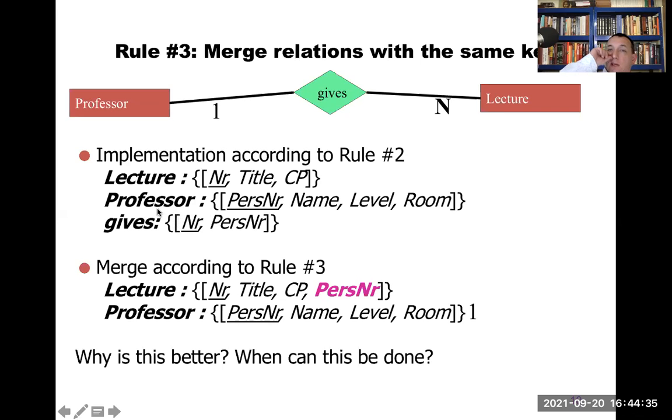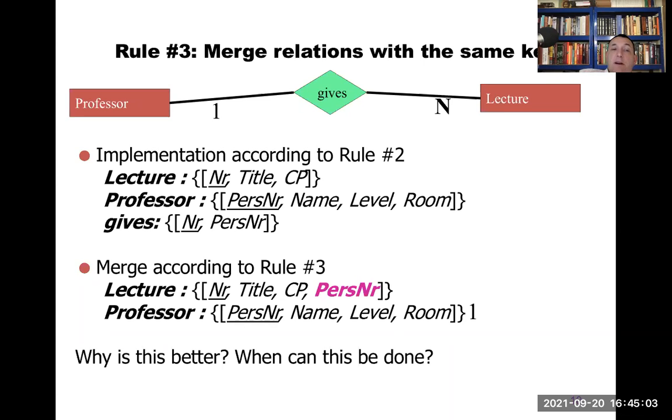We may merge relations only with the same key, if we prefer. Why might we not want to merge? That's possible too. In cases when we have different relations with the same key, but we understand that the workload or patterns of queries are different.